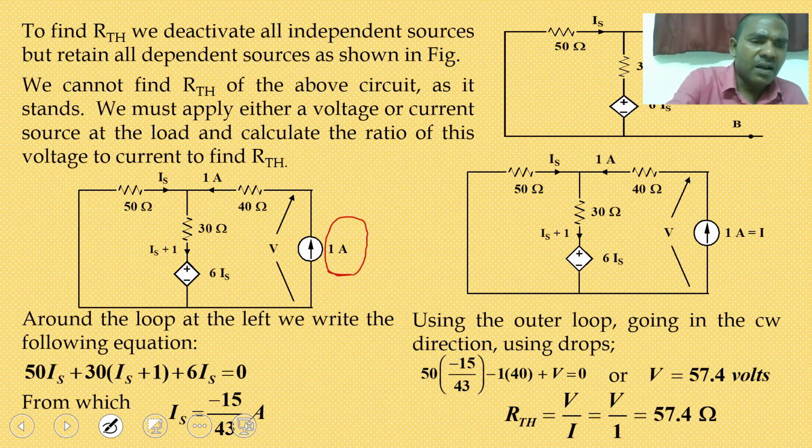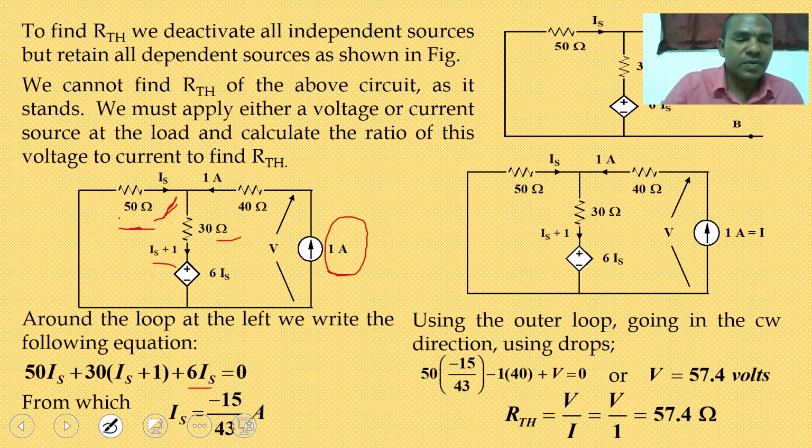So here 30 Is plus 1 is the voltage drop across 30 ohms, and 6 Is is a current controlled voltage source. So if you substitute and equate to 0, from which Is is equal to minus 15 by 43 amperes you are getting.